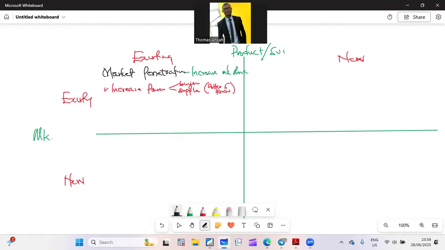To increase these, some of the things you have to be doing is to increase your advertisement, because you're already there. So make your presence known, increase your advertisement to get new customers. That's the target. All right. But for the existing customers, visit them. Visit existing customers.